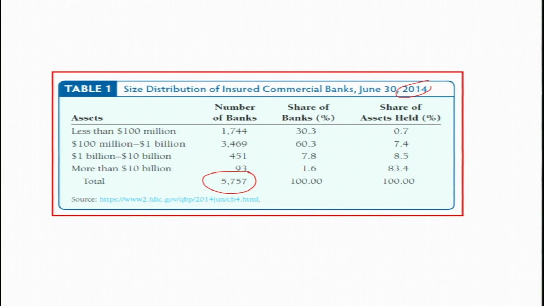When we discuss the implication of branch banking vis-a-vis unit banking, in one of the forthcoming sessions we will see the nature of competition. You obviously know that if there is a large number of banks in a market, that means a large number of participants, and that is very competitive.